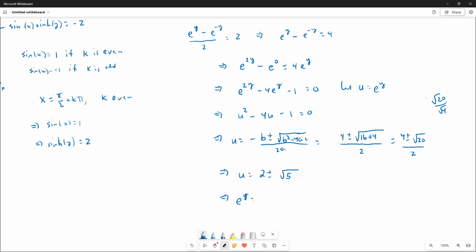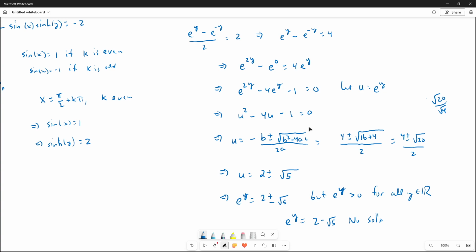So e to the y is equal to 2 plus or minus the square root of 5. But e to the y is positive for all y, real numbers. y is a real number. So for any real number, e to the power y is positive. So e to the y equals 2 minus the square root of 5 has no solutions.